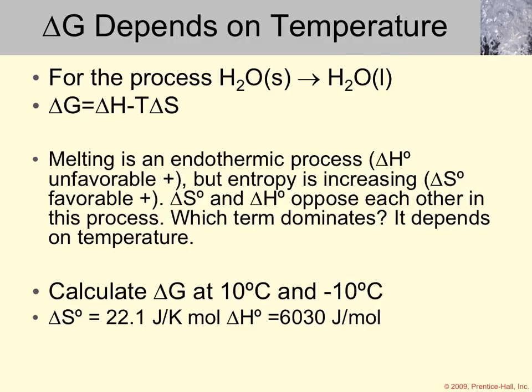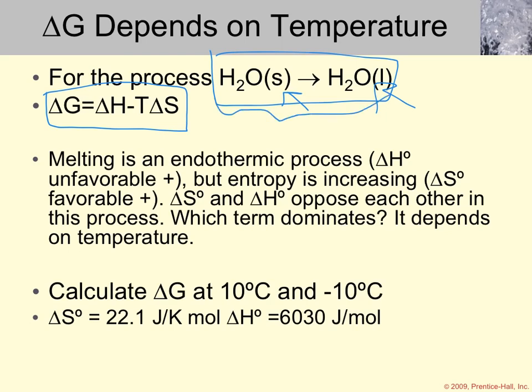Okay, let's work an actual example to show you the impact of this. It's actually pretty fascinating, I think. Let's think about melting a piece of ice. That's all we're doing here, going from solid H2O to liquid H2O. And let's calculate the difference in the free energy as we change temperature. This is a perfect example because melting ice at room temperature, which is around 25 degrees Celsius, is spontaneous, right?